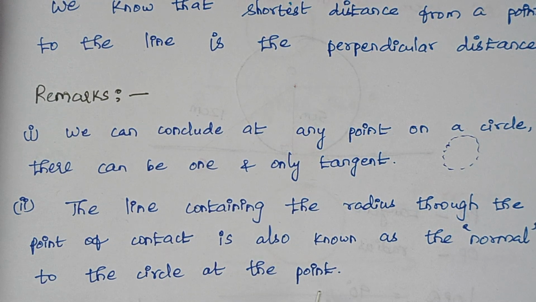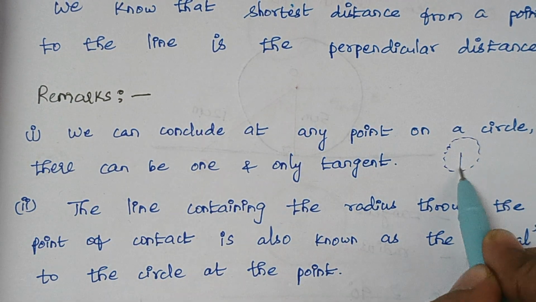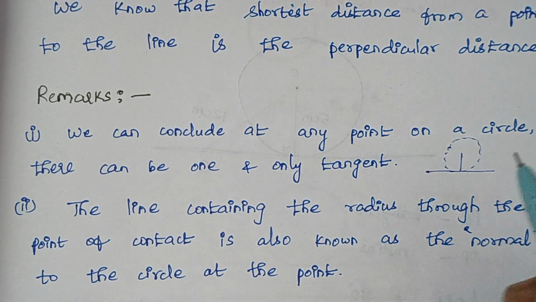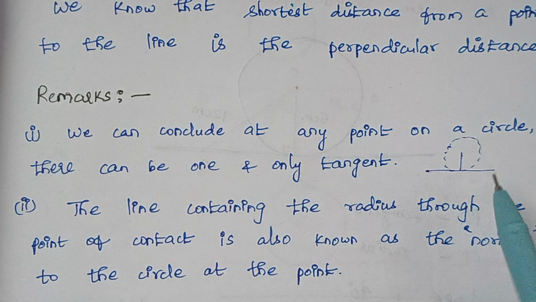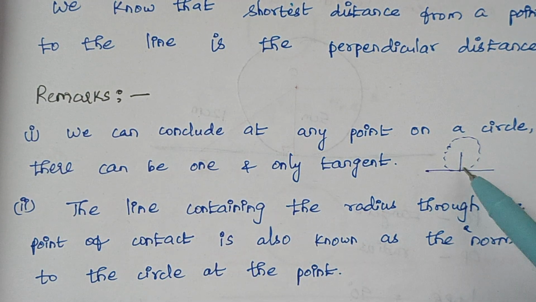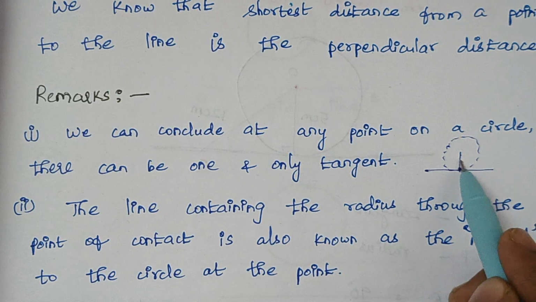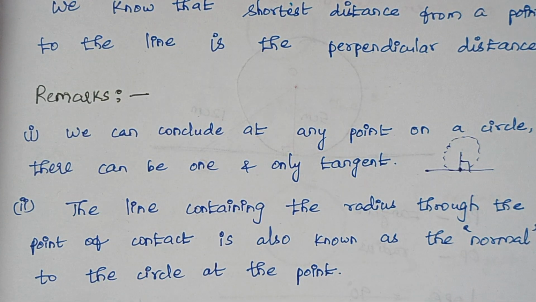Here there is a radius and there is a tangent, so we can say the line along the radius through the point of contact is known as the normal to the circle at that point. Again, a normal holds the meaning of perpendicular.